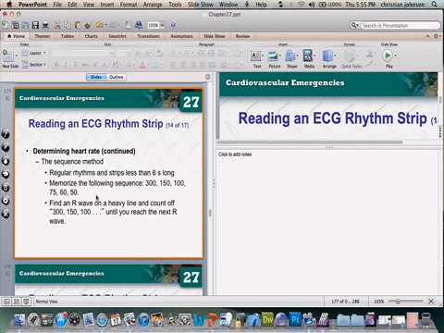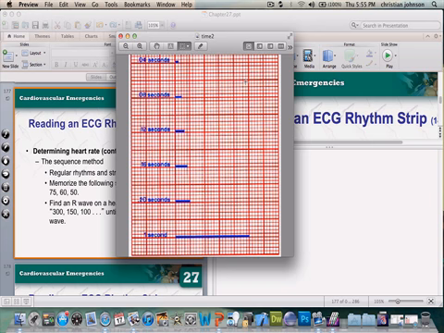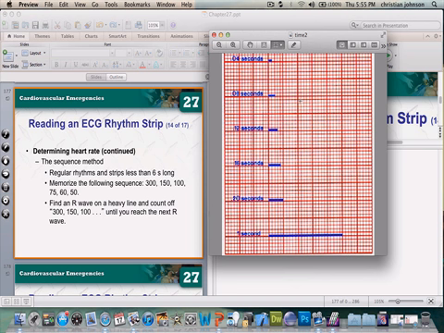Another method is the sequence method, which takes a little bit longer to do, but it's a little bit more accurate. And I'm going to pull this picture up here. What you're doing is looking for an R wave that sits on one of these thick lines. All right, so you're looking at your EKG. Once you find the R wave that sits on a thick line, now you're counting the thick lines over.